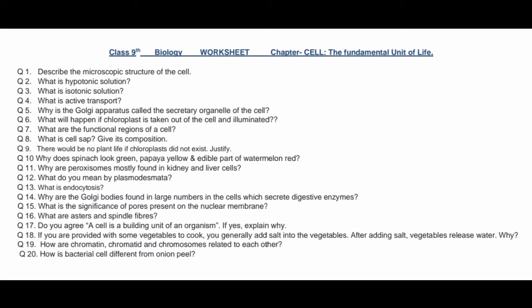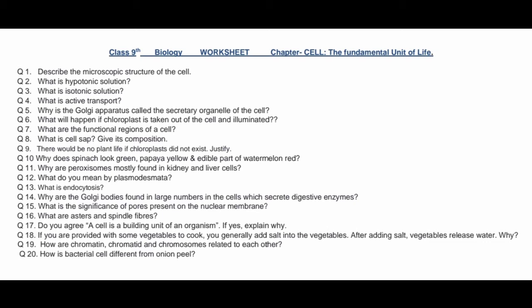First is the cell membrane, or you can say plasma membrane. Next is the nucleus, which is also known as the brain of the cell, and last but not the least is the cytoplasm, which carries different organelles. Got it?